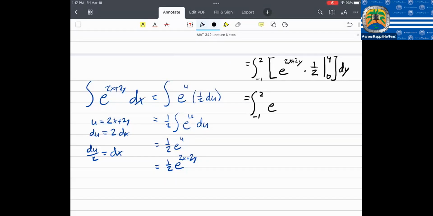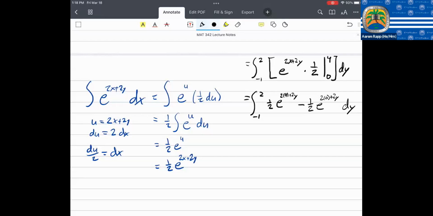So I'm going to have, we pull that 1/2 up front, 1/2 e to the 2 times 4 plus 2y, minus 1/2 e to the 2 times 0 plus 2y, and then integrate with respect to y.